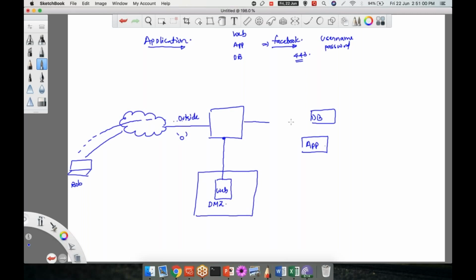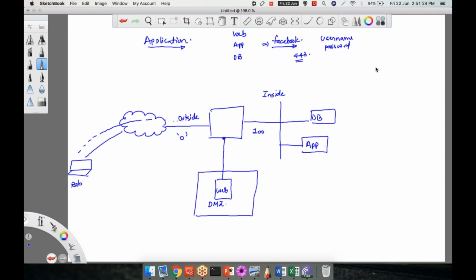Now the question comes, the inside zone has the highest security level, let's say 100. And the outside world has security level 0. Then what's the security level for your DMZ? It's a very good question.